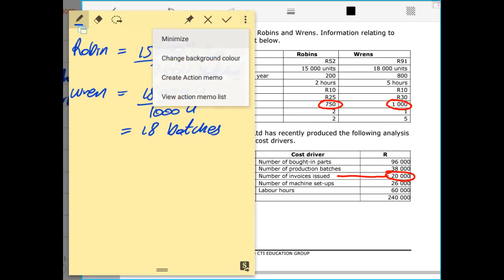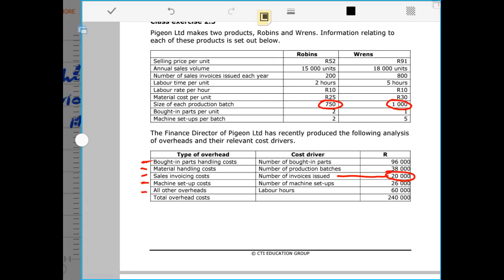So now when they are telling us that the machine setup cost is based on the number of machine setups, of which they say machine setups per batch, it means we need to say the number of batches for product Ruben times by 2, and the number of batches for product Ren times by 5, and that will give us the total machine setups, or the total number of batches.